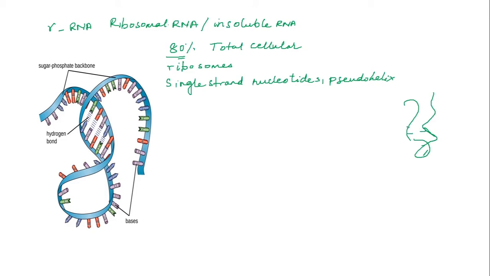And when it forms pseudohelix, base pairing occurs. More than 50% of this RNA contains the GC content, guanine cytosine content. That is, in this complete RNA, more of G and C is present.